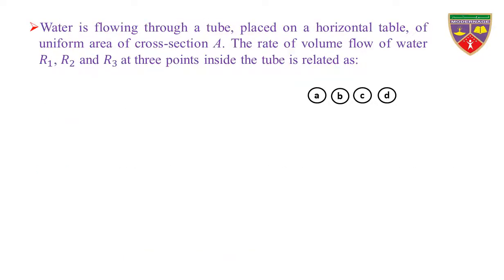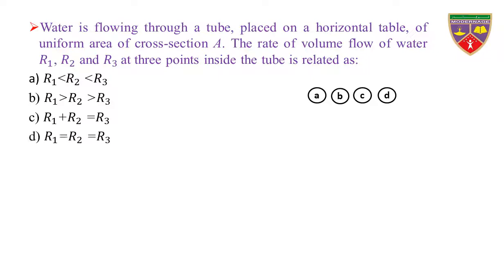Water is flowing through a tube placed on a horizontal table of uniform area of cross-section A. The rate of volume flow of water R1, R2 and R3 at 3 points inside the tube is related as: option A, R1 less than R2 less than R3; option B, R1 greater than R2 greater than R3; option C, R1 plus R2 is equal to R3; option D, R1 is equal to R2 is equal to R3.